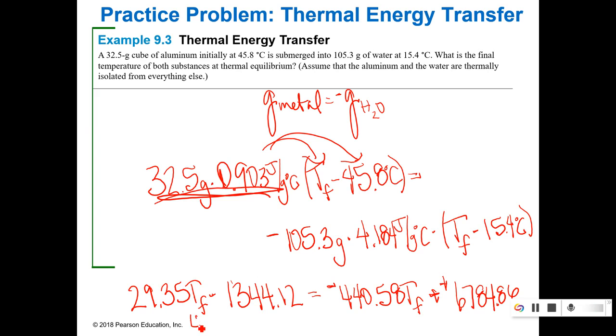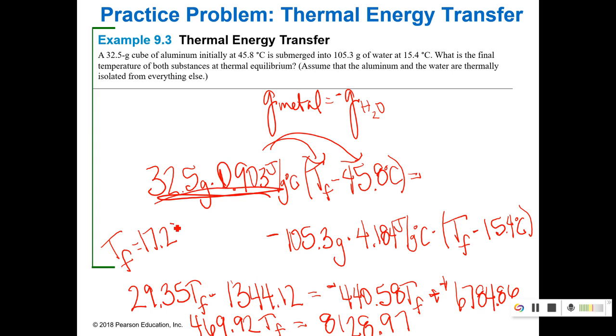Okay, so I get 469.92 TF is equal to 8,128.97. So then we're going to divide that by the 469. And I get that TF is 17.2, well, let's go with 0.3 degrees Celsius for both of them.